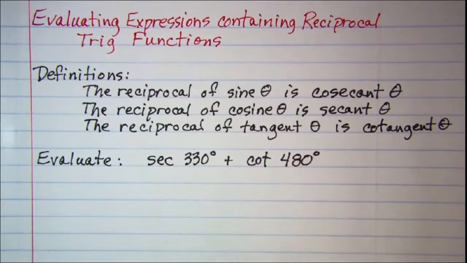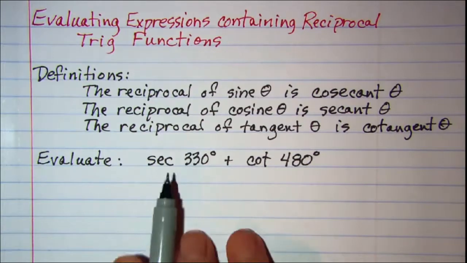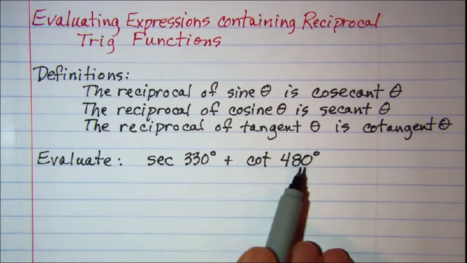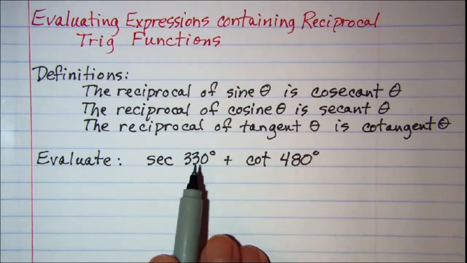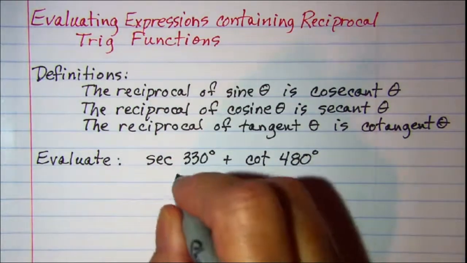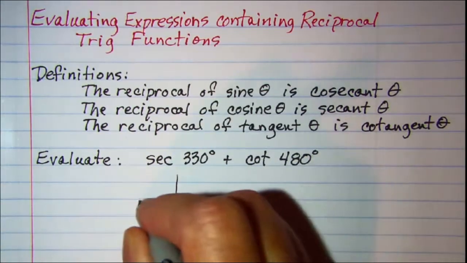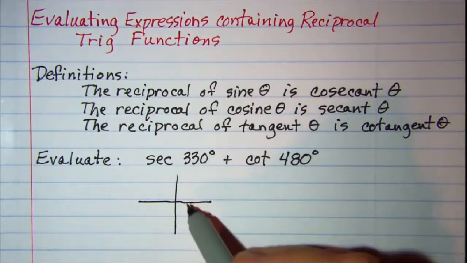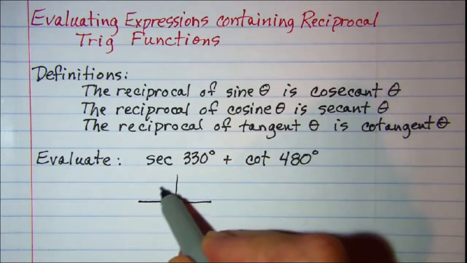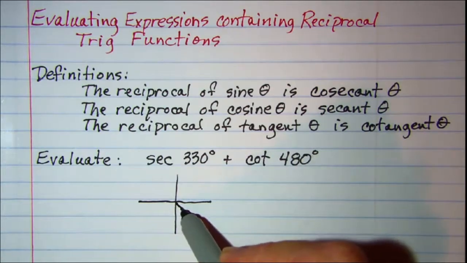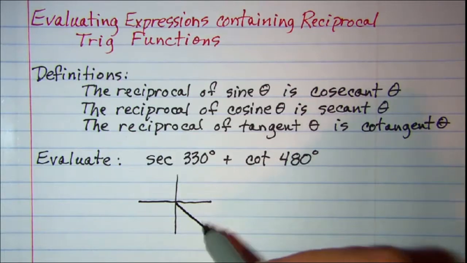Our first problem is to evaluate secant 330 degrees plus cotangent 480 degrees. Now I want to draw reference triangles for each of these angles. For 330 degrees, we're going to rotate counterclockwise and stop 30 degrees short of a complete revolution.